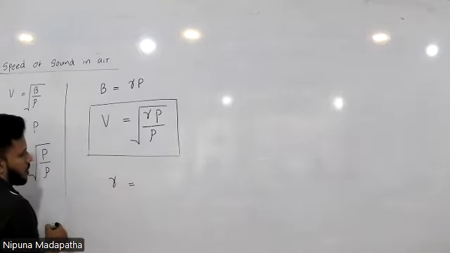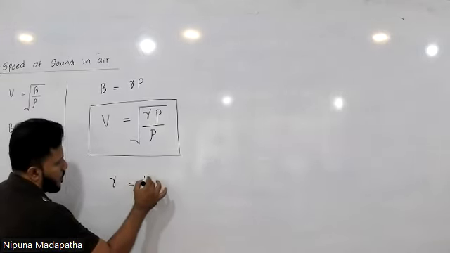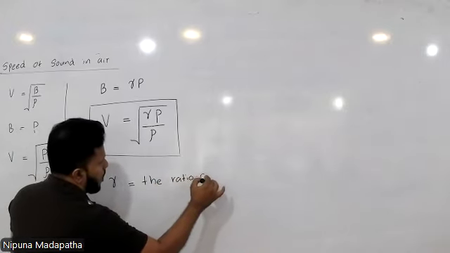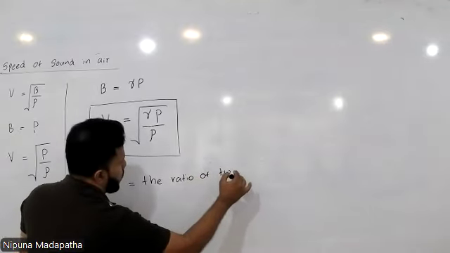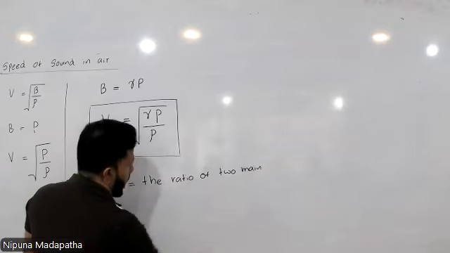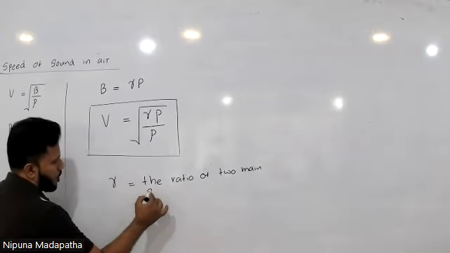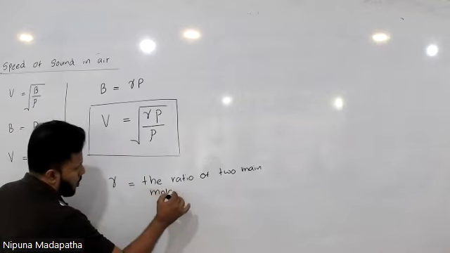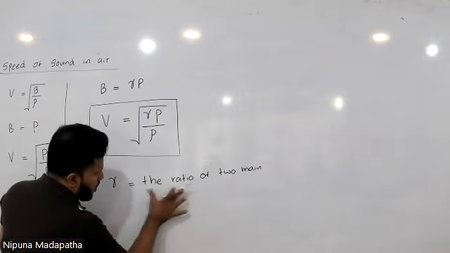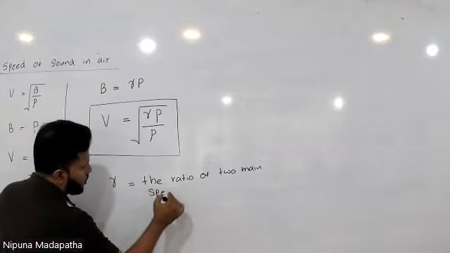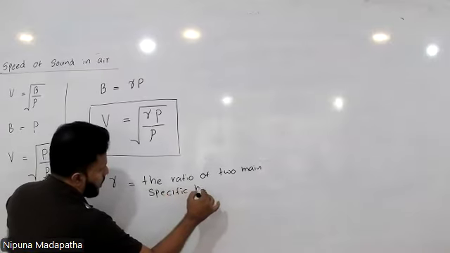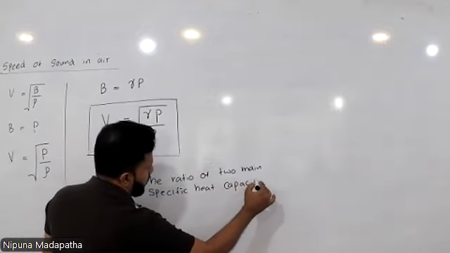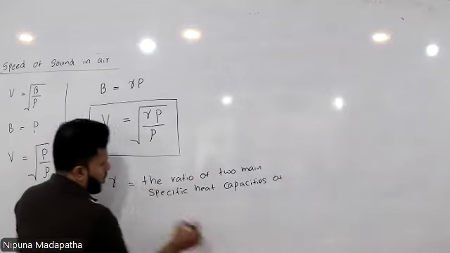This gamma is the ratio of two main specific heat capacities of a gas.